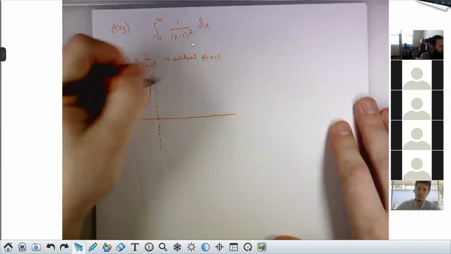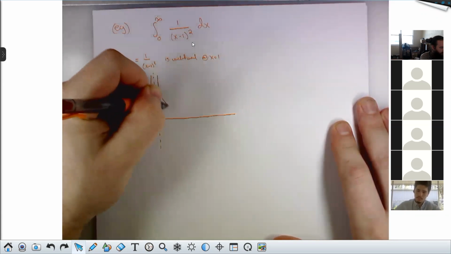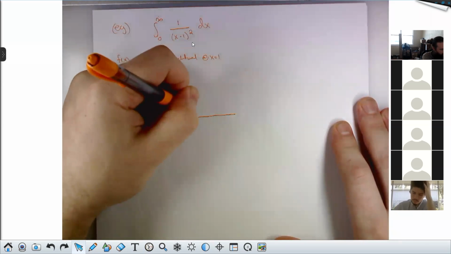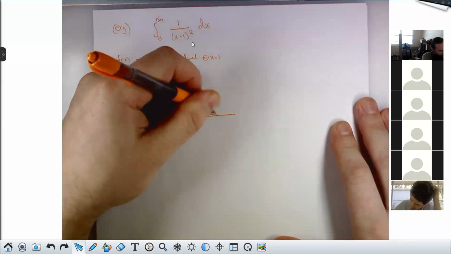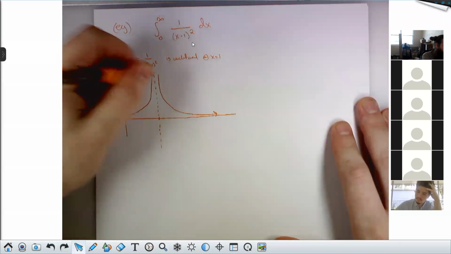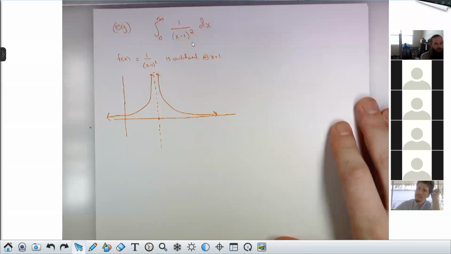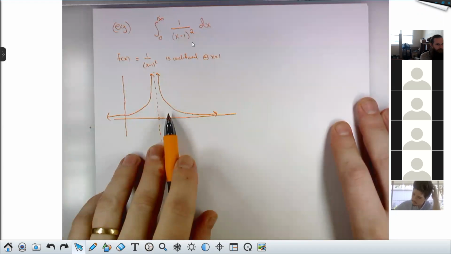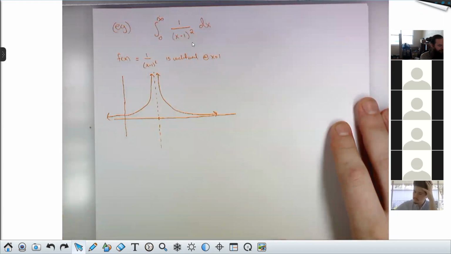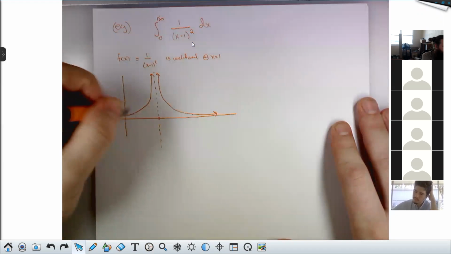So the graph of this function, rather, looks like this. It blows up at 1 on both sides. And we want to integrate all the way out to infinity. So we've got lots of problems here.